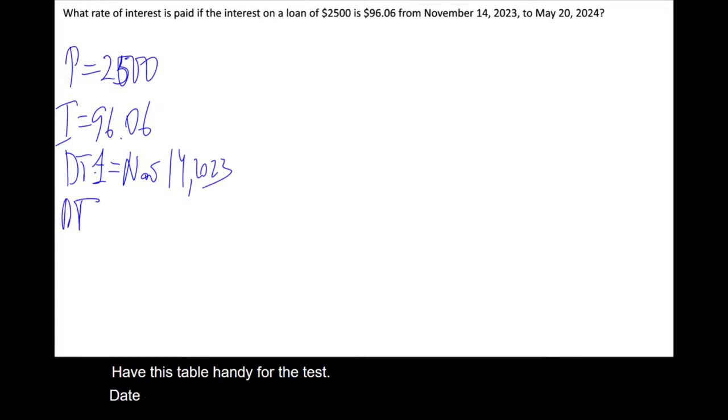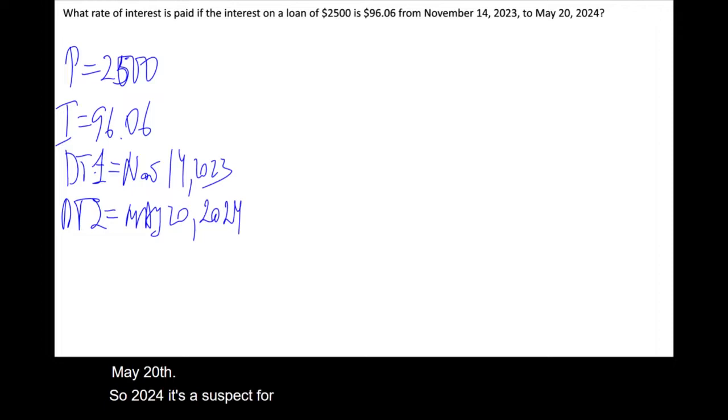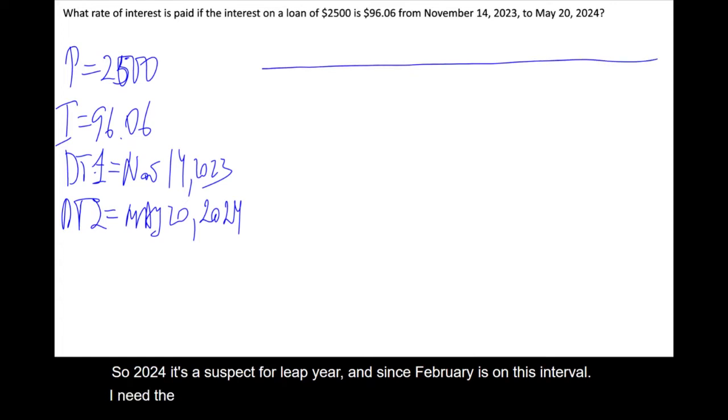Date 2, May 20th. So 2024, it's a suspect for leap year, and since February is in this interval, I have to care about it.